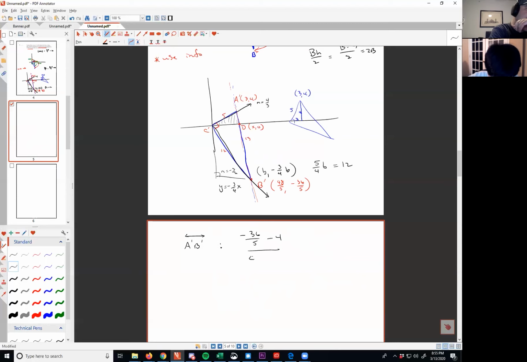The slope. That's our rise over run. Oh my goodness. Y equals -56/33 times x. How do we get the plus something here? That's the y-intercept.